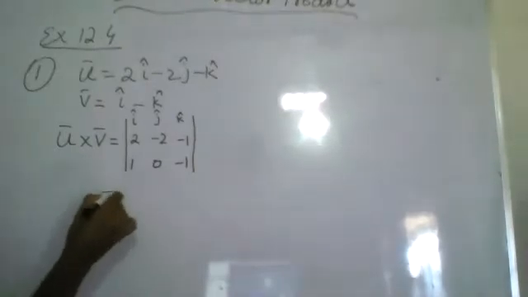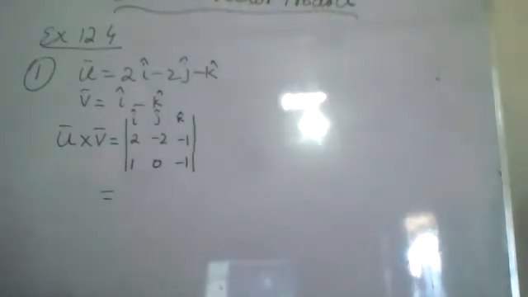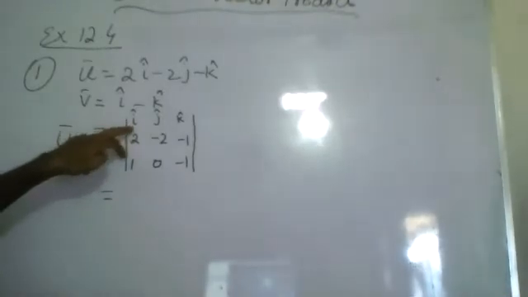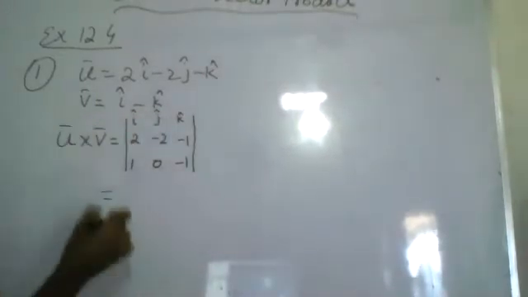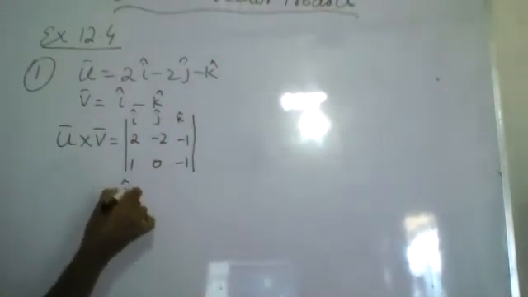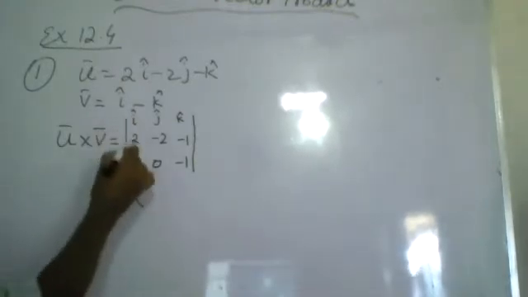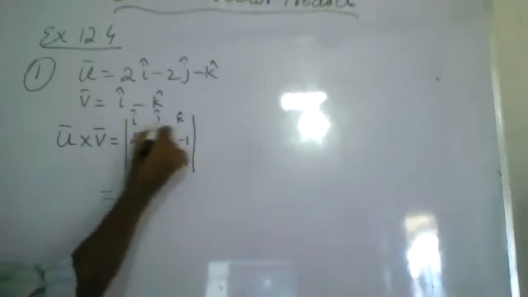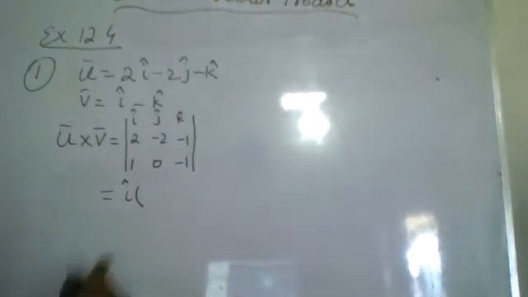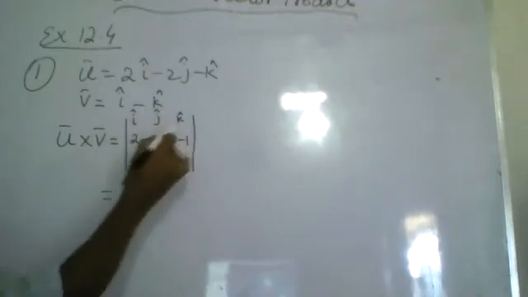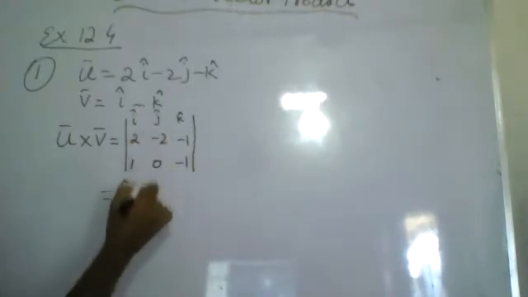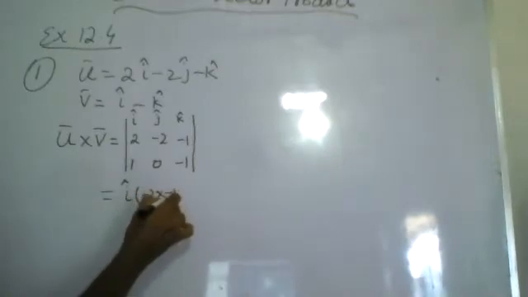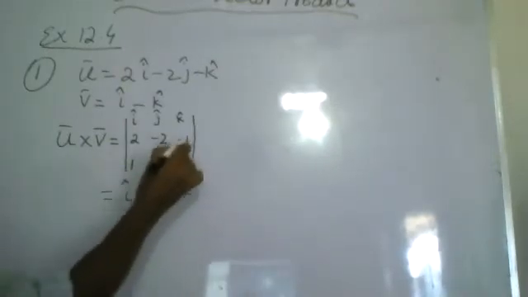Okay, how to solve the determinant? First we take the element in the first row and first column, that is i. We take i, bracket. This row and this column are left out. Minus 2, minus 1, 0 and minus 1 are left. So minus 2 into minus 1, then minus sign, 0 into minus 1.